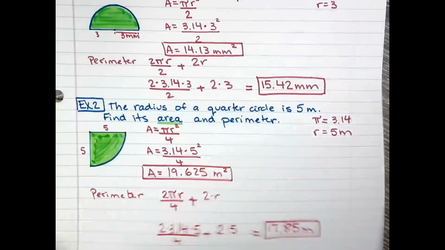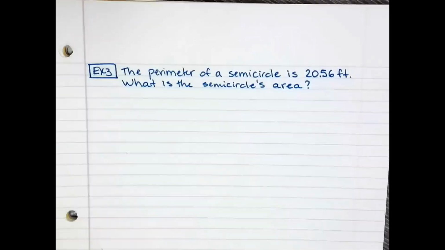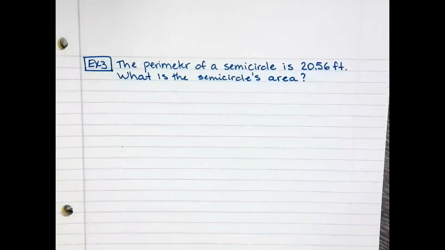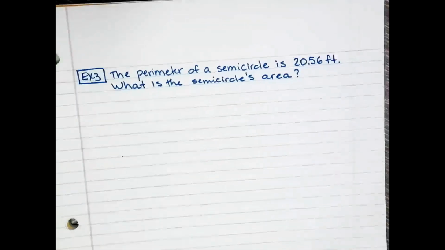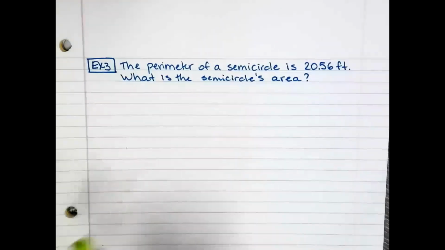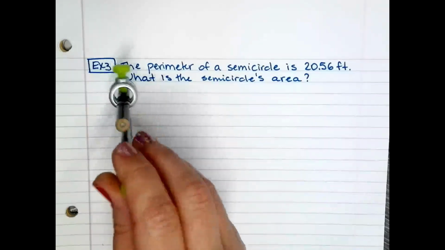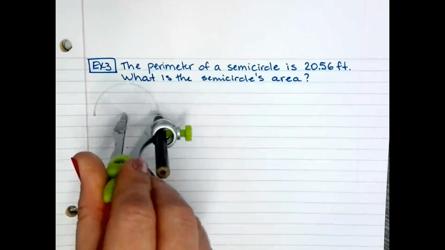Do you want a challenge question? I know you do. Okay, now I have no picture, but we're smart. We can just come up with that picture right there. So, the perimeter of a semicircle. The semicircle is only half of a circle.